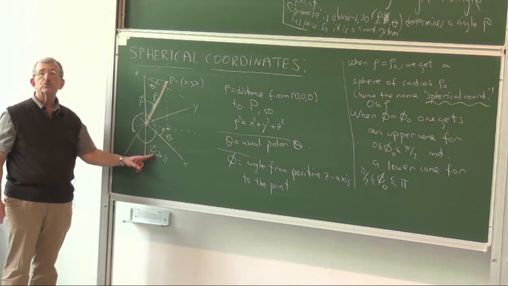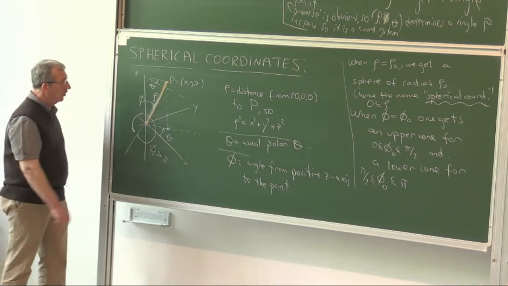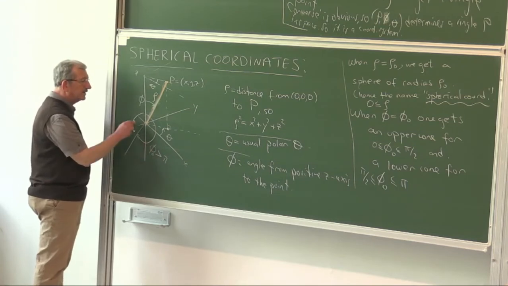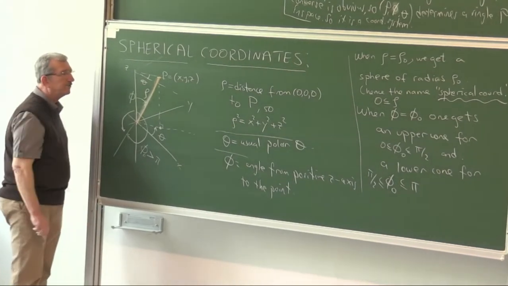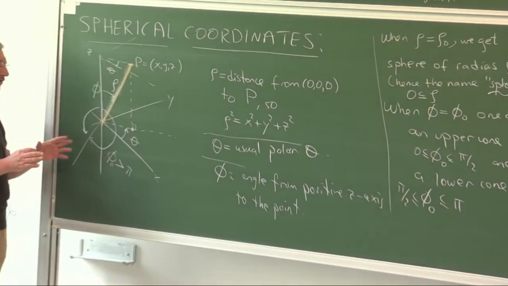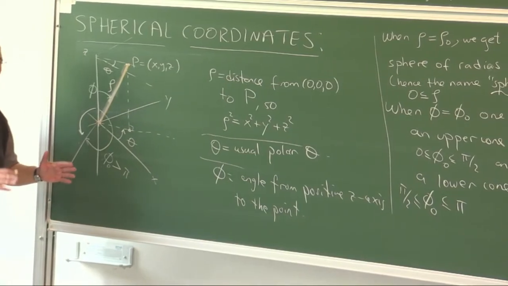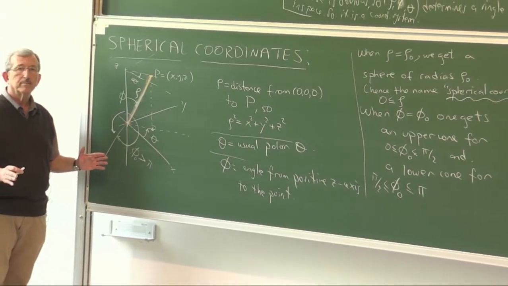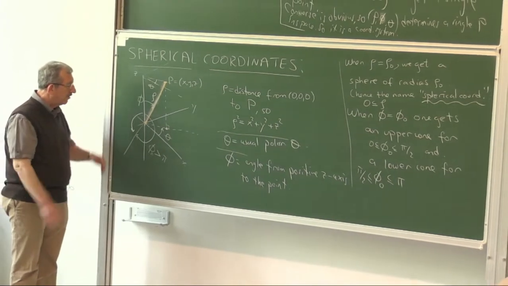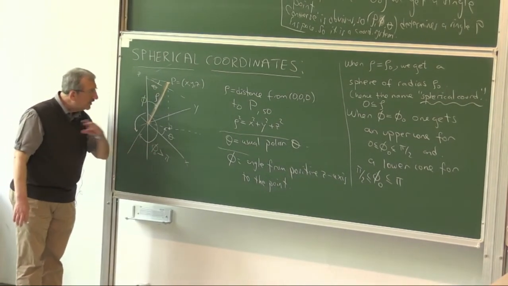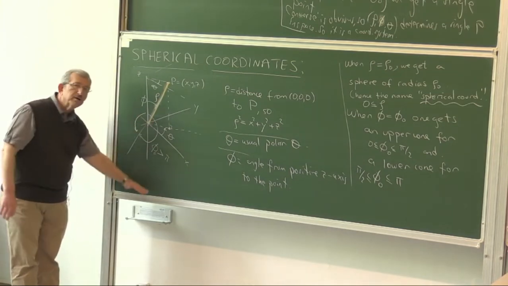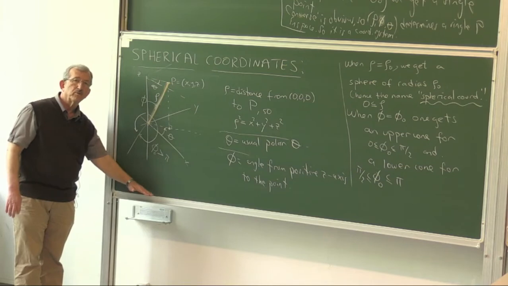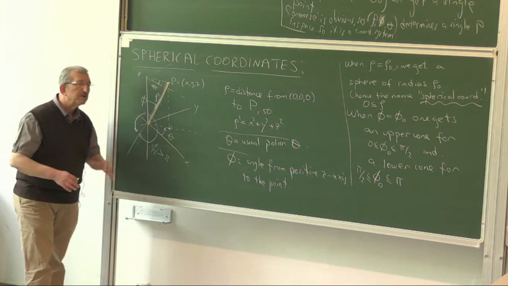Phi needs to be unique. So, we don't use this. Instead, we use this one. So, the angle phi is restricted to the interval 0 to pi. It will not be greater than pi. And a last comment, when phi 0 is equal to pi, what we get is the lower z-axis only. It's again a degenerate cone, a degenerate lower cone.